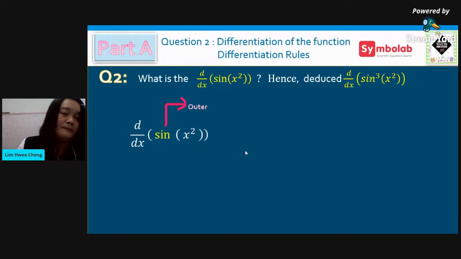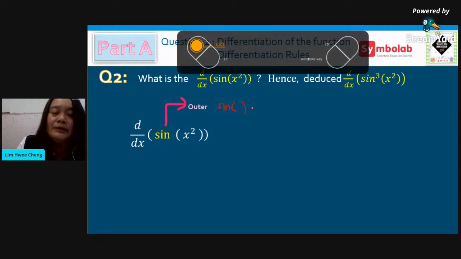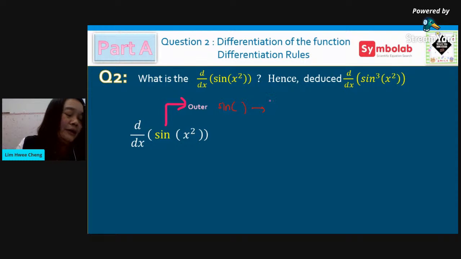For the outer, the yellow color function is sine. If you differentiate sine, what are you going to get? You are going to get cos, according to the trigonometric differentiation, which you have to memorize from earlier.